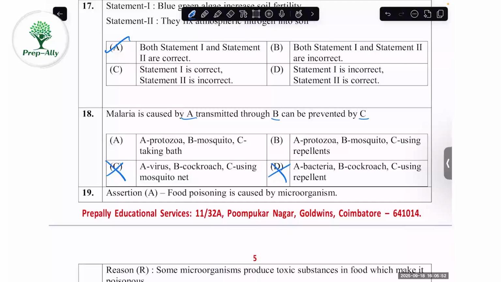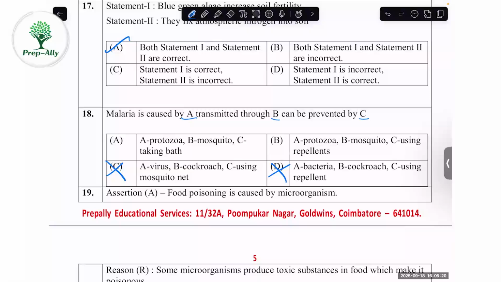So take the first and second options and find B, what it is transmitted through. It is transmitted through mosquito. Both options have protozoa and mosquito. We'll see the third one, C. Can it be prevented by taking a bath?